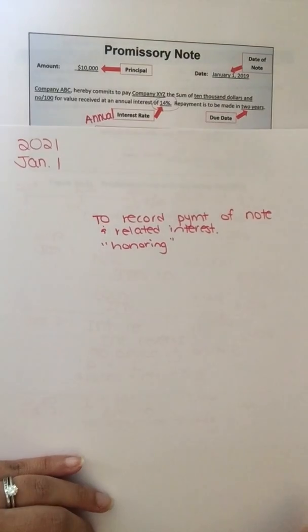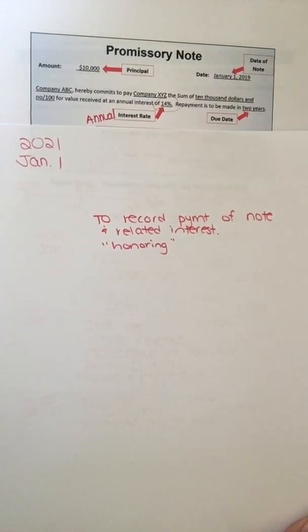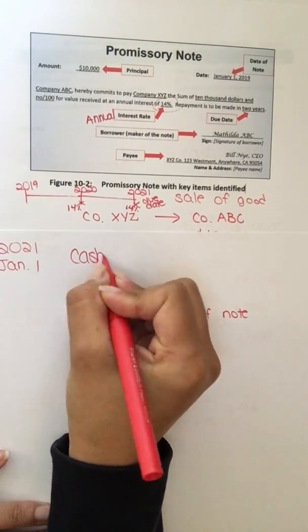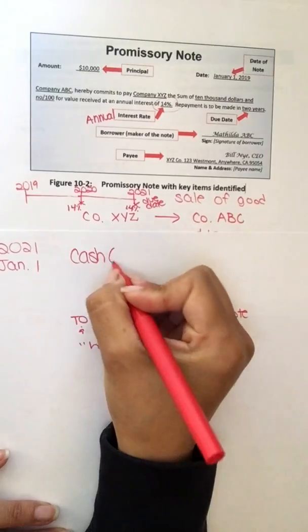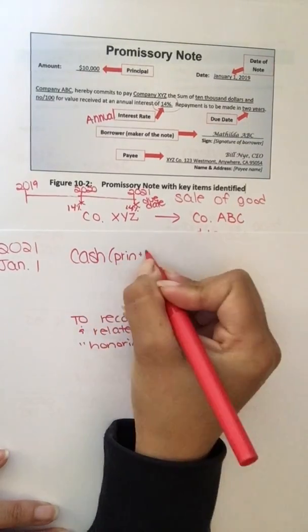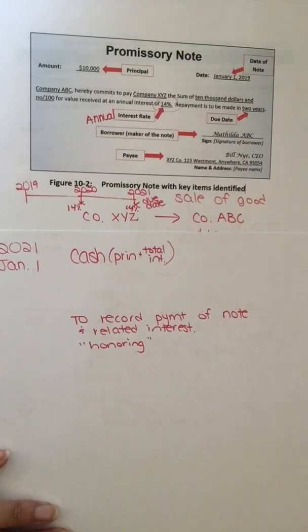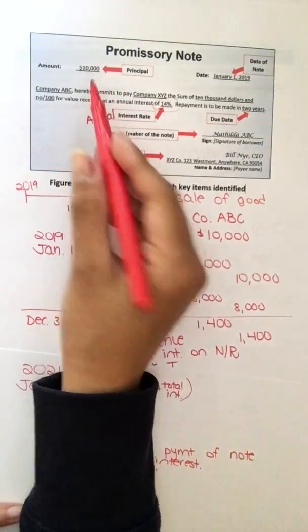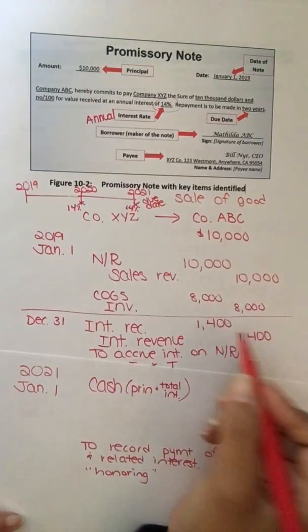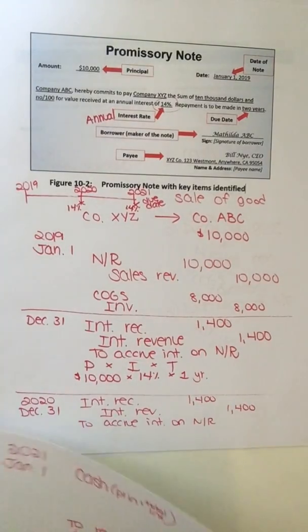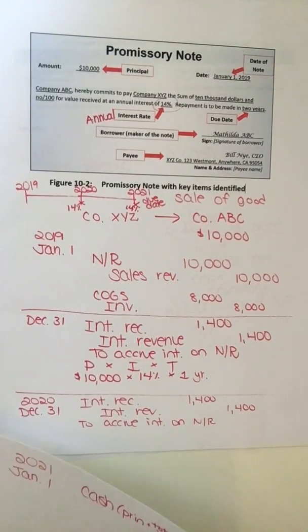Just in case you see that term in the chapter, now you know what the heck it means. All right, so we know on this date, we're finally getting cash. Hooray. The cash is going to be the principal plus total interest. It's the $10,000 plus 2 years worth of interest, $1,400 plus $1,400. So that means our total cash is going to be $12,800.